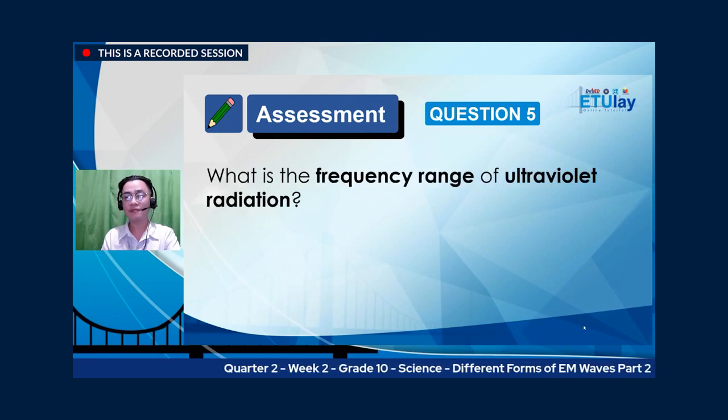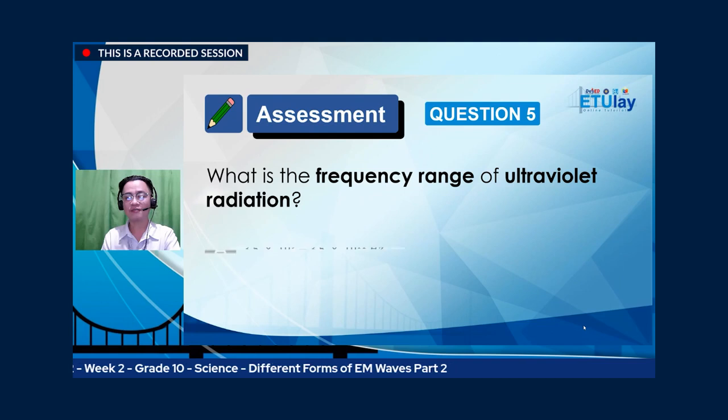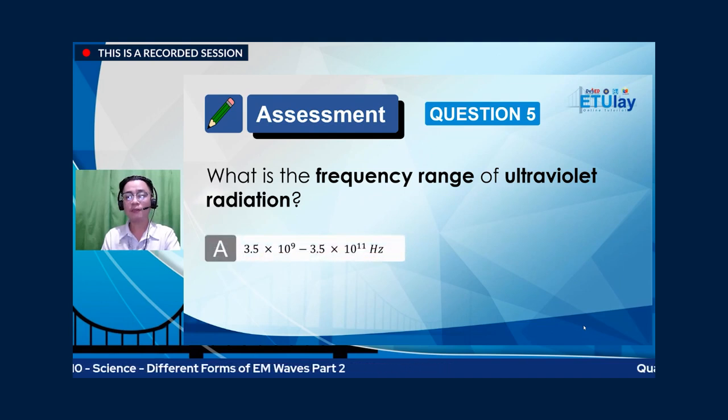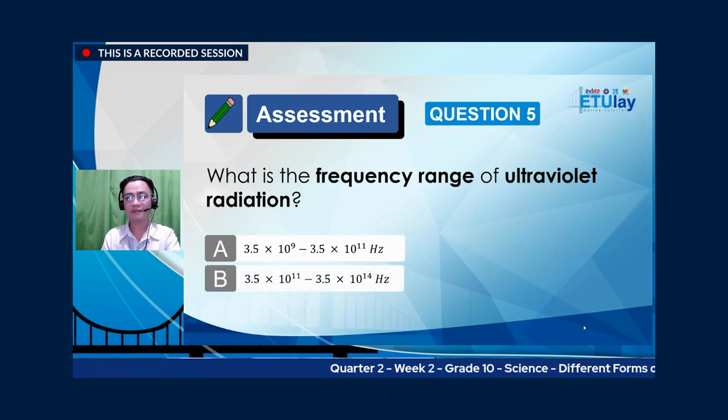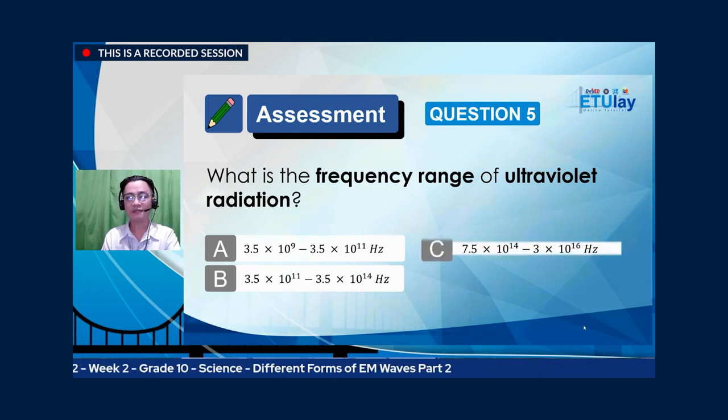Question number 5. What is the frequency range of ultraviolet radiation? A. 3.5 times 10 to the 9 up to 3.5 times 10 to the 11 Hz. B. 3.5 times 10 to the 11 up to 3.5 times 10 to the 14 Hz.